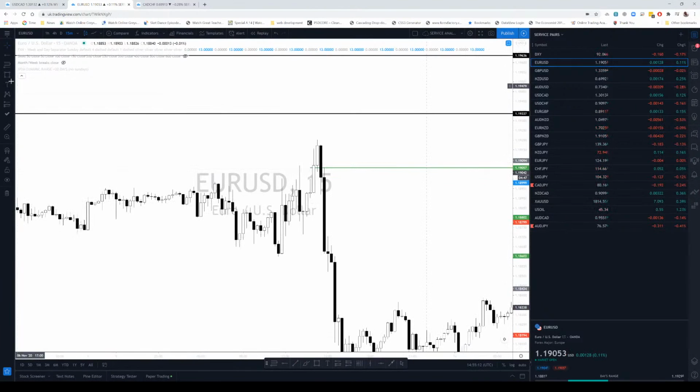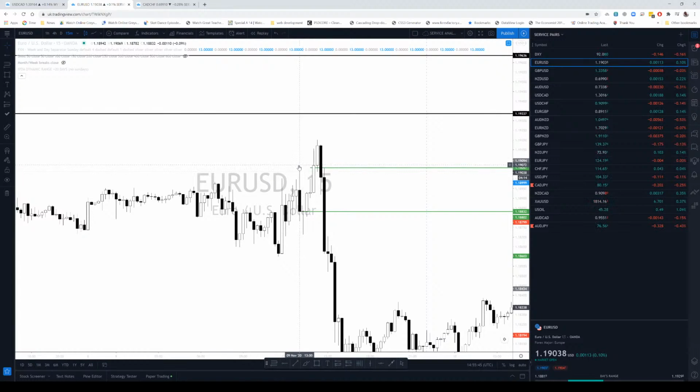You will notice that price will also sell off here, because price never got back to the breaker itself. We have the Wyckoff distribution in here. We have what we call the buying climax.